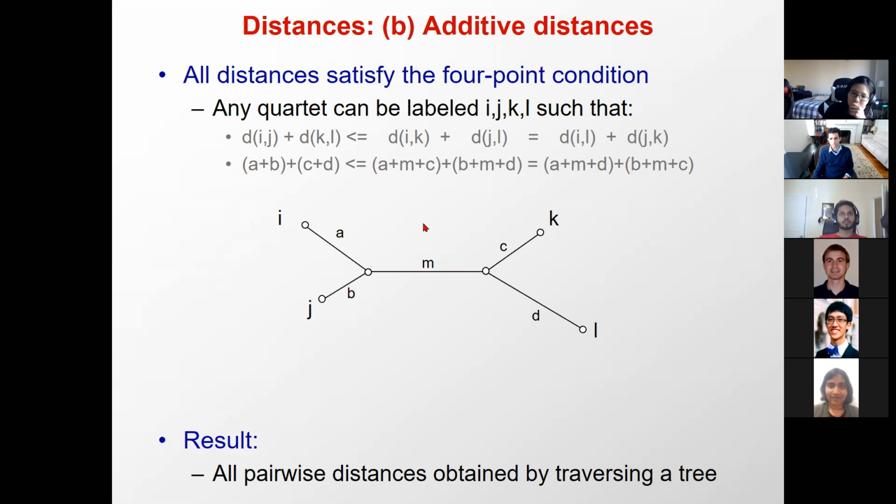The reason for that is simply that if you map the A, B, C, D, these distances simply add up. The result is that all pairwise distances can be obtained by traversing a tree.